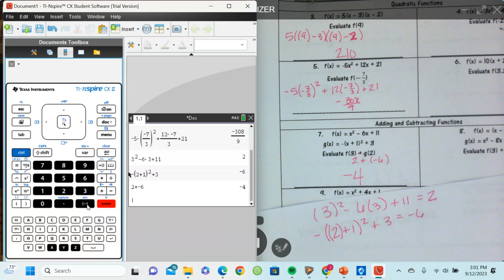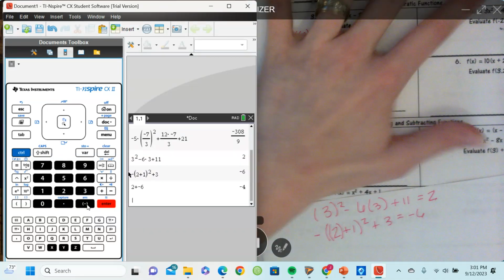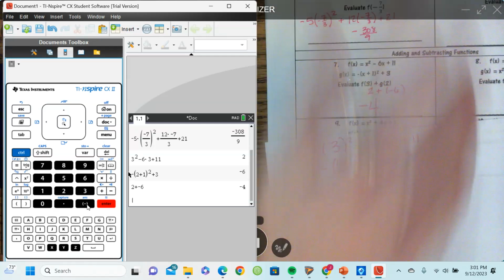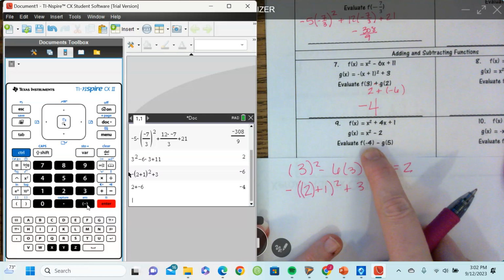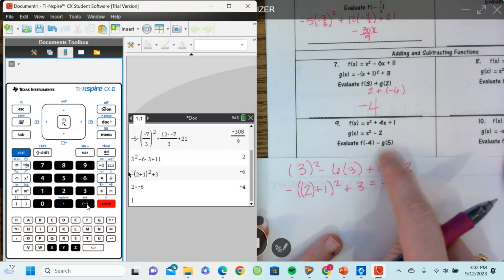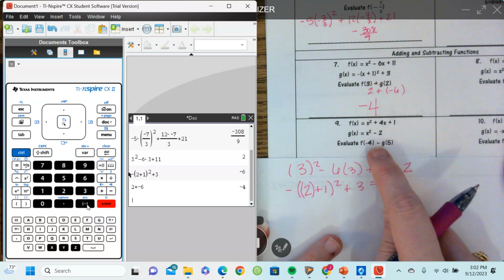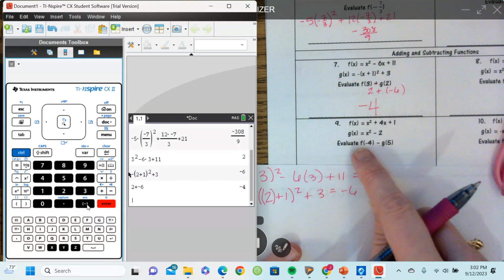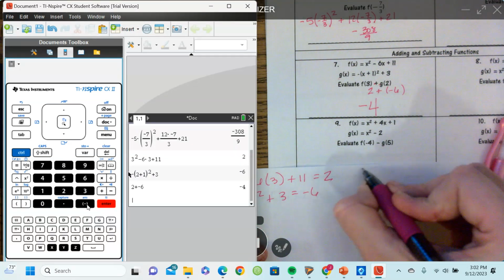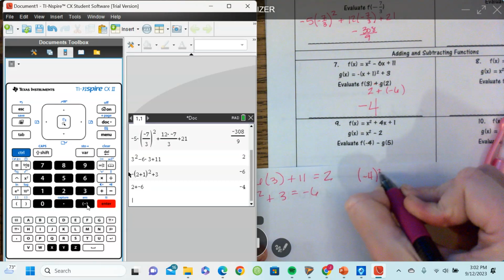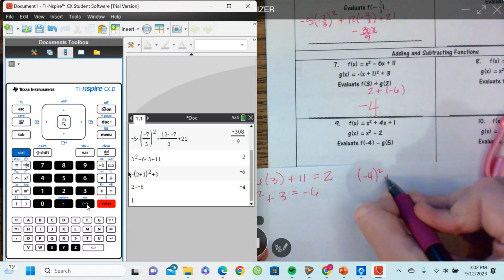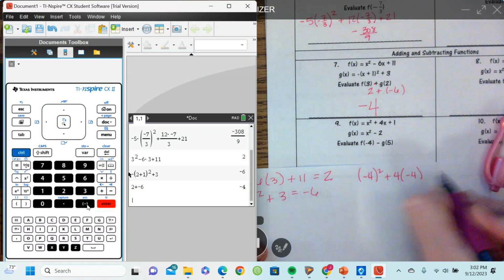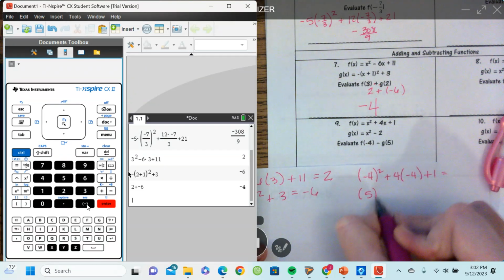So all this evaluating, it's like you're breaking a code. That's the best way I can describe it. All right, so this one, I'm going to put a -4 into the f function. I'm going to put a +5 into the g function. But this one's subtraction, and order matters on subtraction. And parentheses, really make sure you're putting those parentheses, especially when you're squaring something. And then g would be 5.